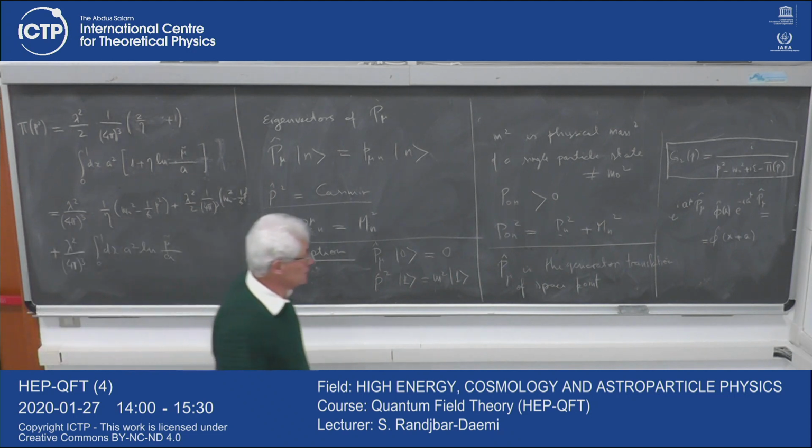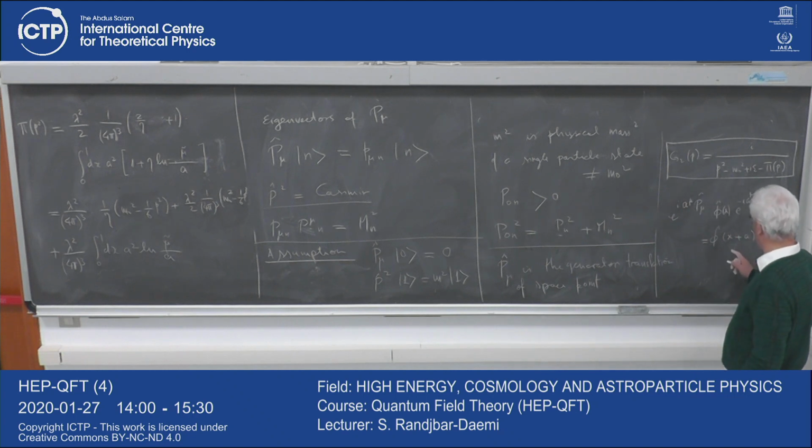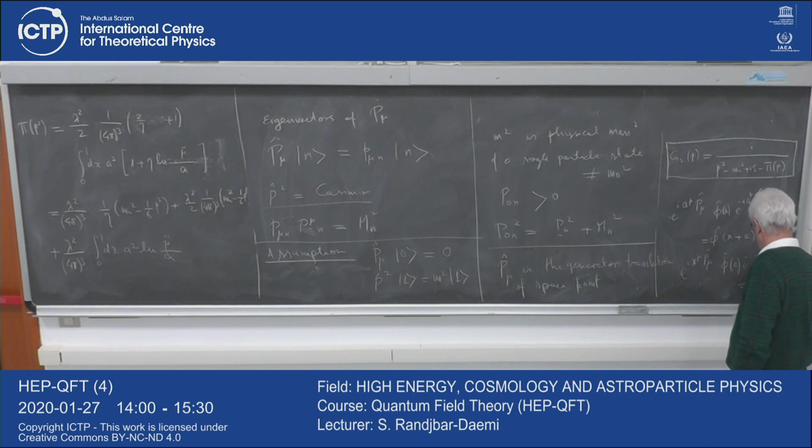In particular, from here you see that exponential of i x mu p mu, phi hat at 0, exponential of minus i x mu p mu, takes you from the point 0 to the point x. That equation tells you that you can obtain the field at point x by starting from the origin and making a space-time translation.